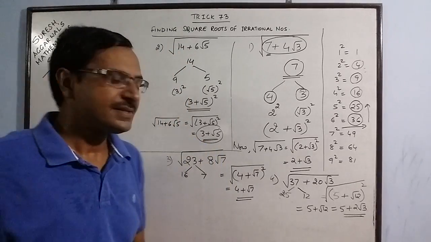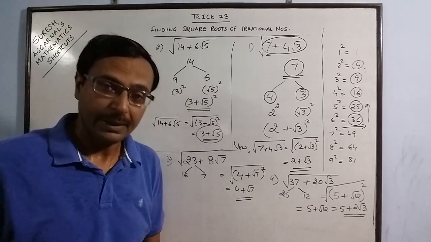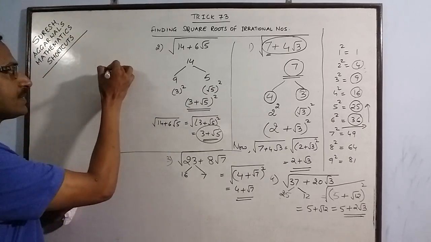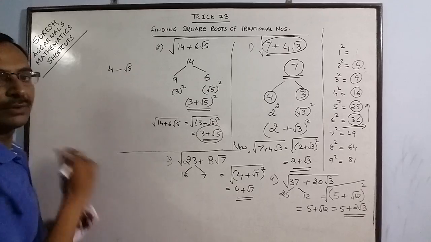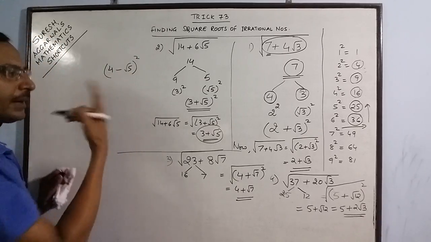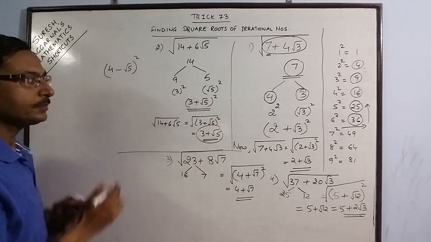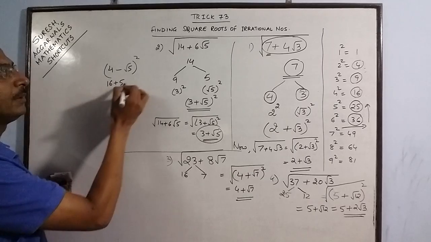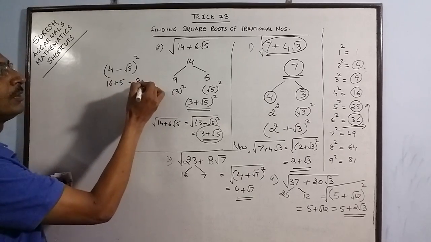The same method is applicable for numbers which have a negative sign in between. Say we have 4 minus root 5 whole square. Now the method is the same. If you open this square, it will be 16 plus 5 minus 8 root 5.